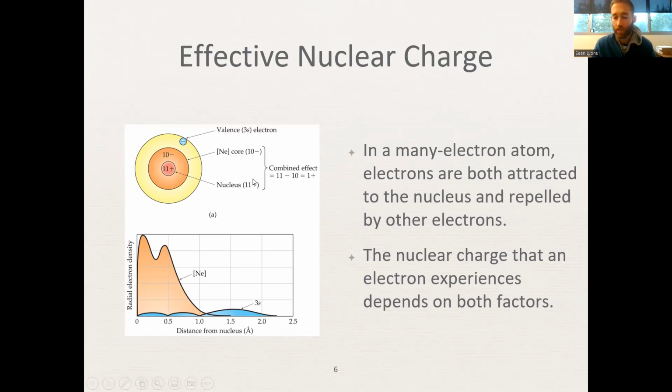But if we're looking at sodium, that's why we've got 11 protons. This has got an atomic number of 11. So when we're looking at the effective nuclear charge of sodium, what we're going to be doing is looking at the number of protons in that nucleus. So again, just whatever that atomic number is. And then we're going to be subtracting all of the core electrons, which are going to be everything that's not in that valence shell.